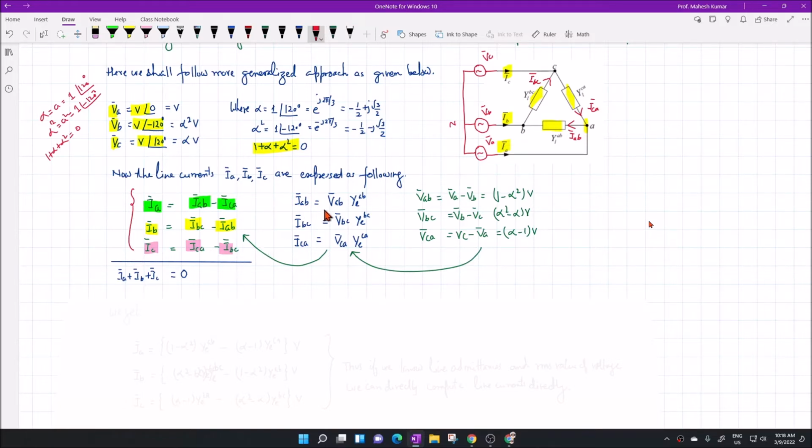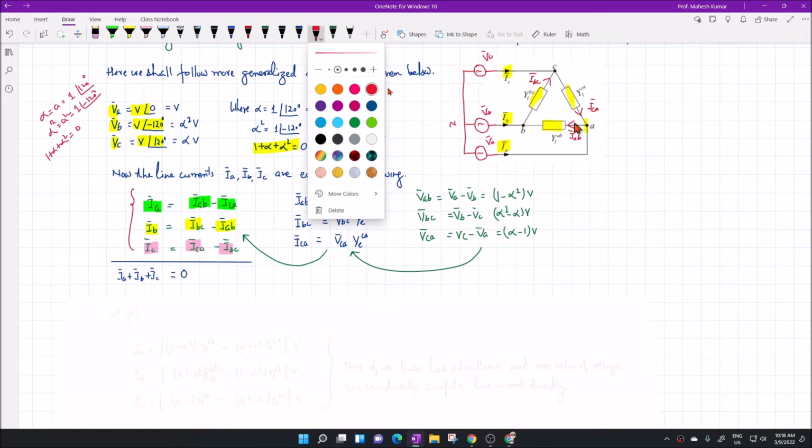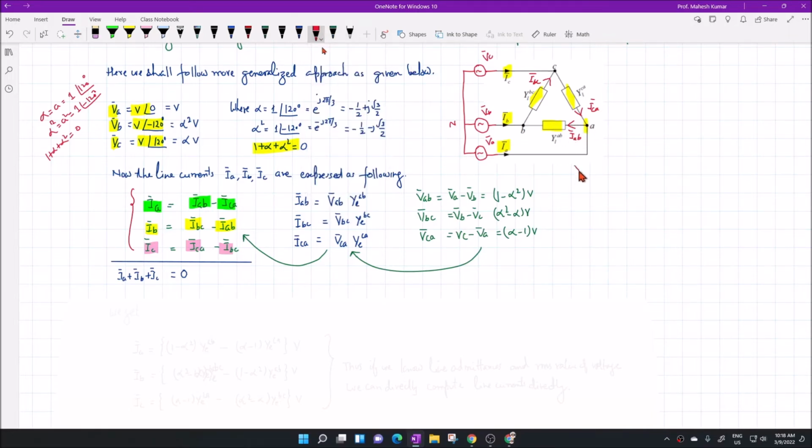And what is IAB? IAB is the current flowing from point A to B, this current. Obviously, this current must be equal to VAB into YLAB, or VAB by ZAB.